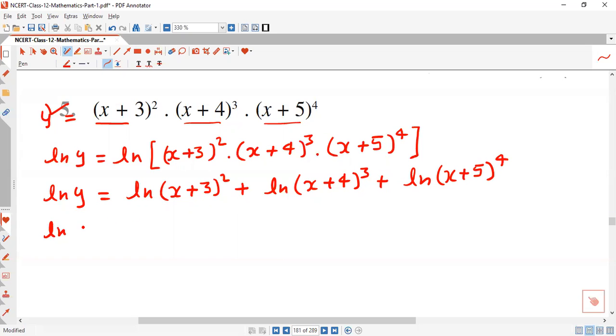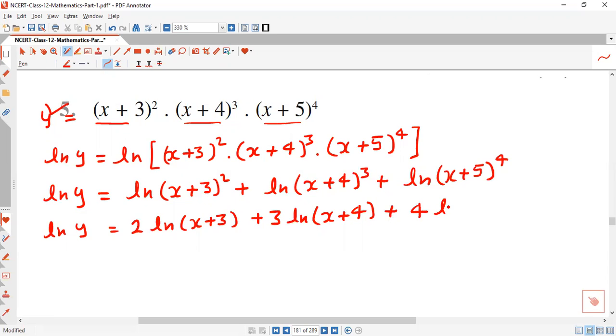Further, you can simplify the log function before doing the differentiation. It can be written as 2 times log of x plus 3, 3 times log of x plus 4, and 4 times log of x plus 5. Now do the differentiation with respect to x.